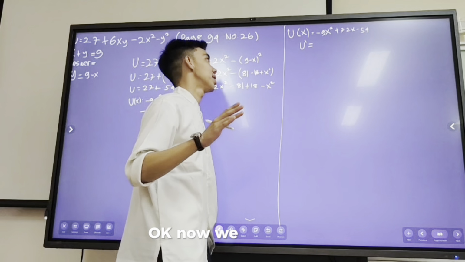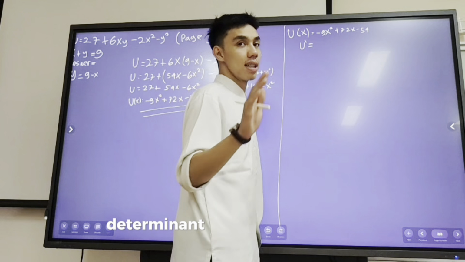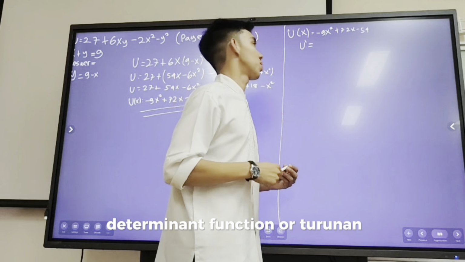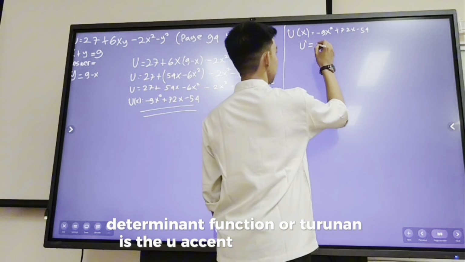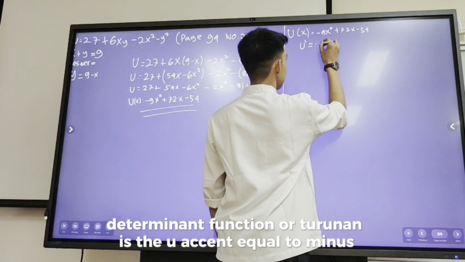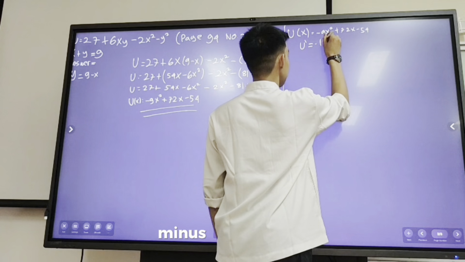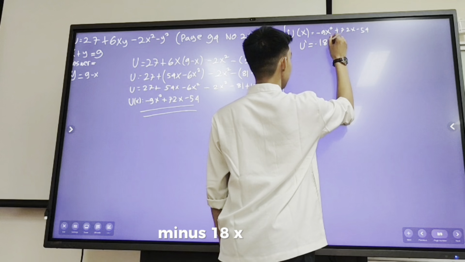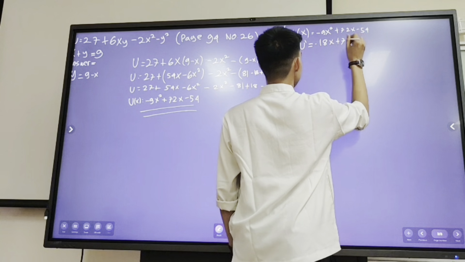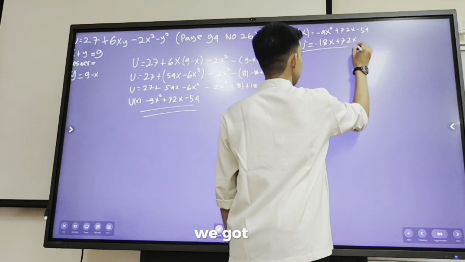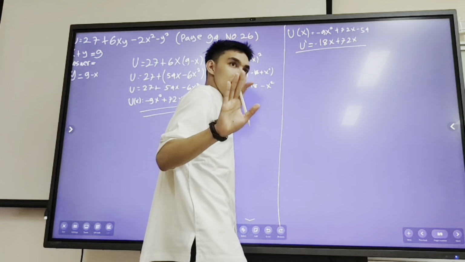Okay, now we use the derivative, with u prime equal to minus 18x plus 72.